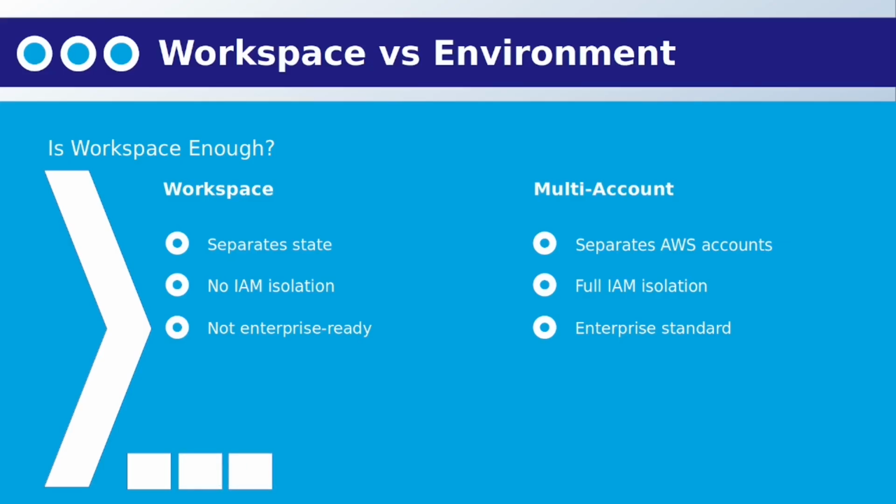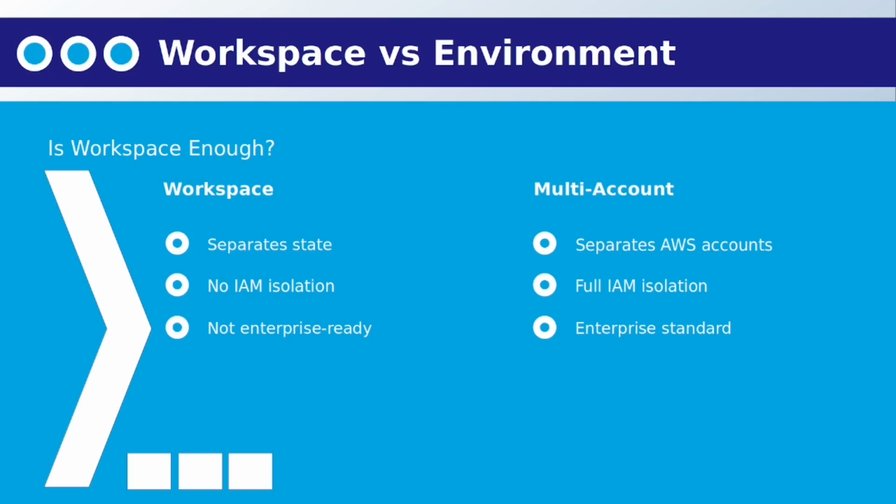Workspaces and environments. Many people think Terraform workspaces are enough. Workspaces separate the state, but they do not separate the AWS account. There is no IAM boundary, no built-in separation, no security isolation.